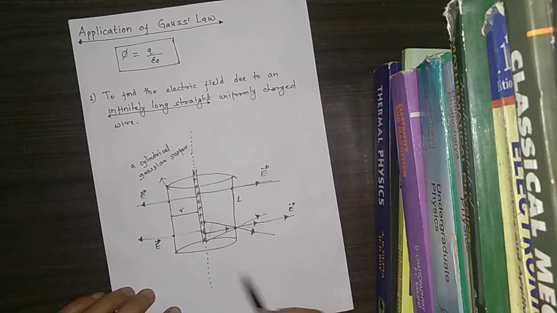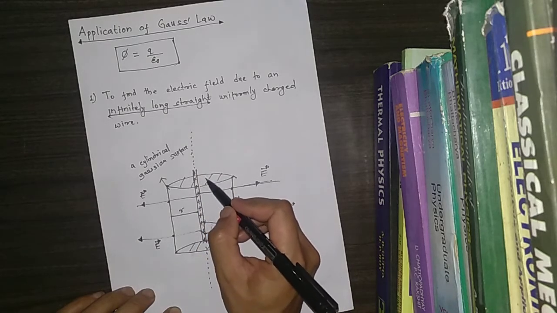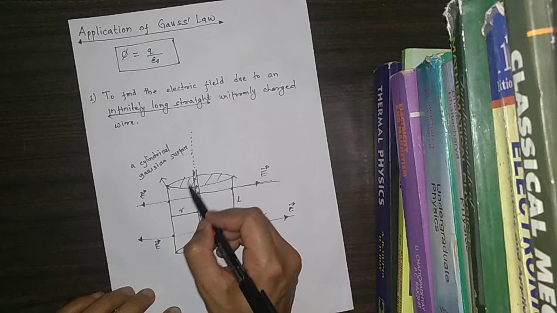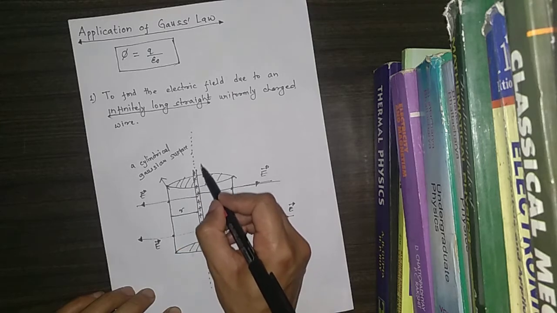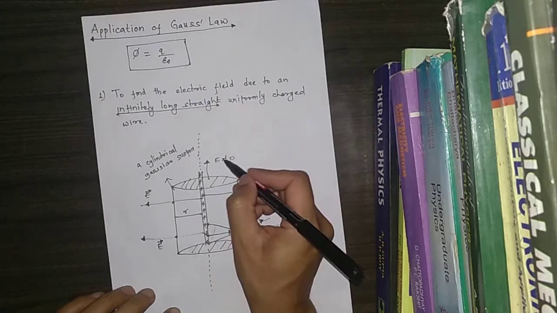And along the direction parallel to the wire, there will be no electric field. Why will there be no electric field?